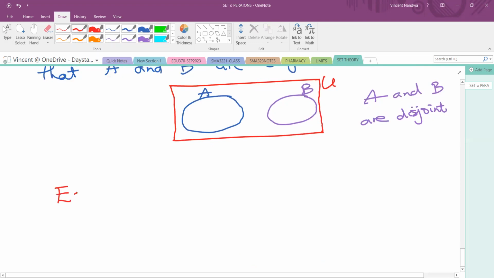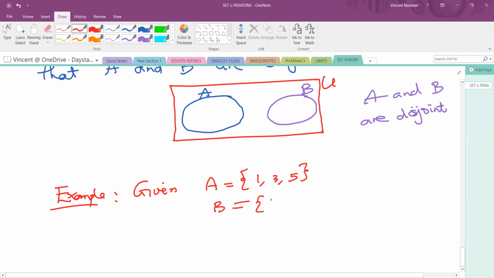So as an example, given A is {1, 3, 5}, B is {1, 2, 3, 4, 6, 8}, C is {2, 4, 6}.